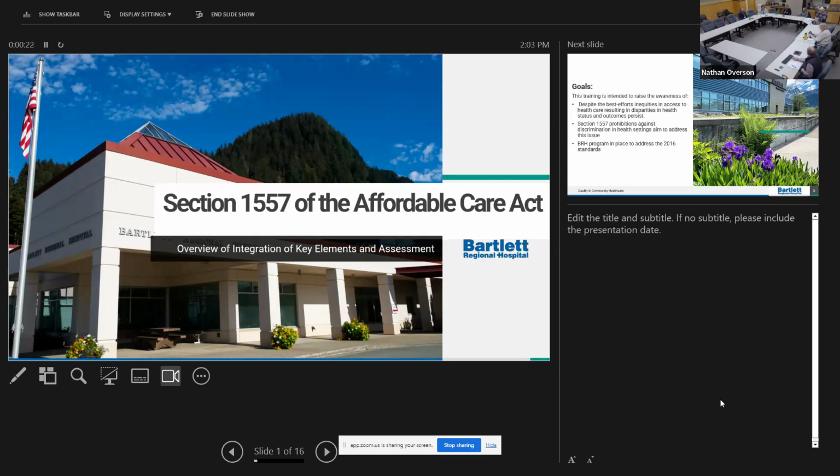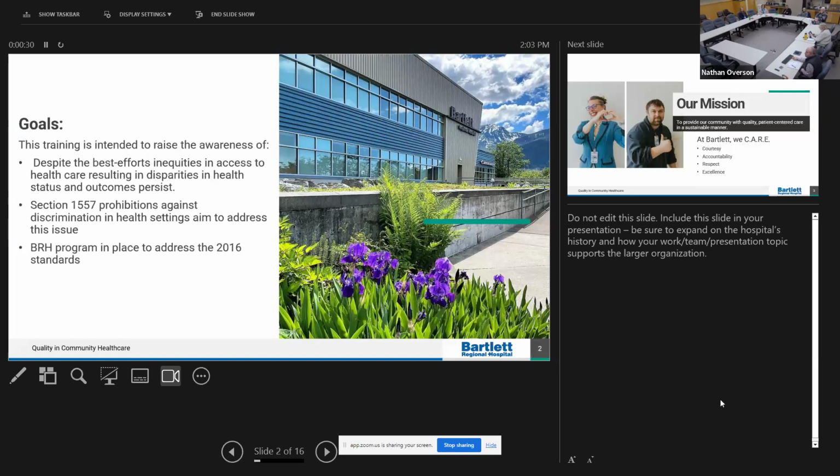Okay. All right. So the way we're starting out is the overview of it. The goals that we want to do is we just want to give you an overview of why 1557 is in place, and then what 1557 covers, and then what we have at Bartlett that is showing that we are compliant for it, and giving you a chance to ask questions on what the program is at Bartlett and if you have any concerns and how we can do better.